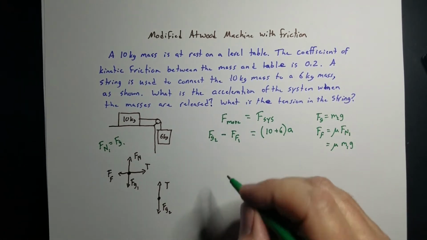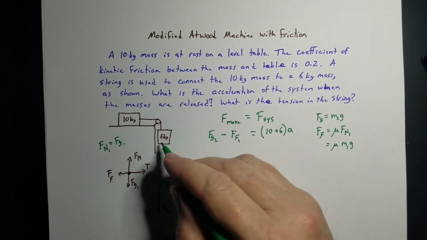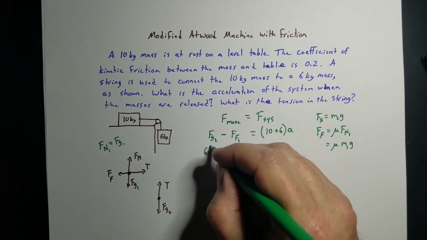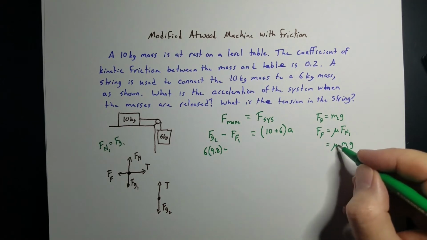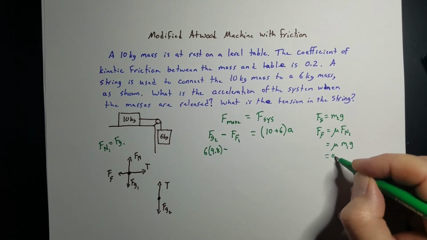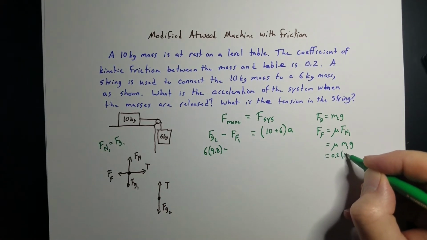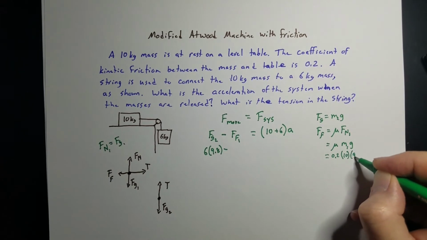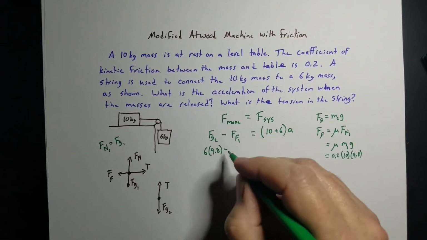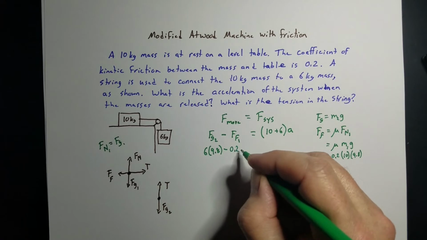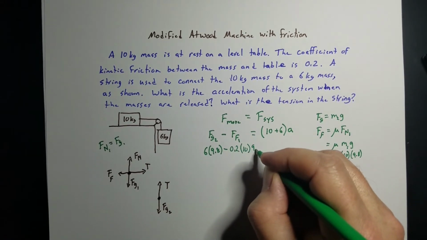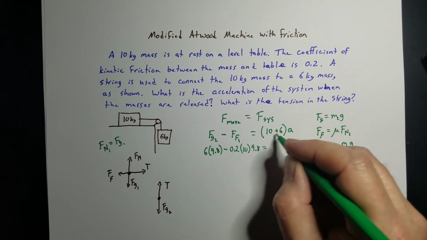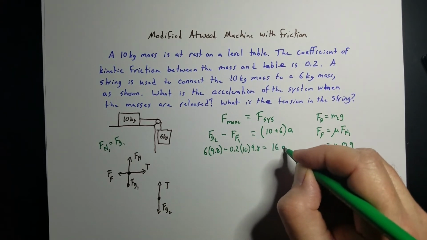So weight, mass times gravity, that's the second block, so it's 6 kilograms times 9.8. Friction, well, that's going to be 0.2, the mass of the top block, which is 10, again, times gravity. So that goes in over here, so 0.2 times 10 times 9.8 equals, add that together, that's 16a.